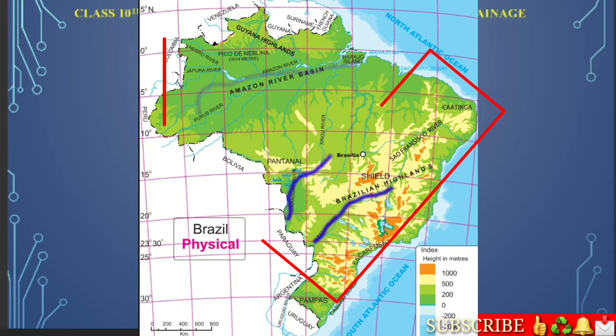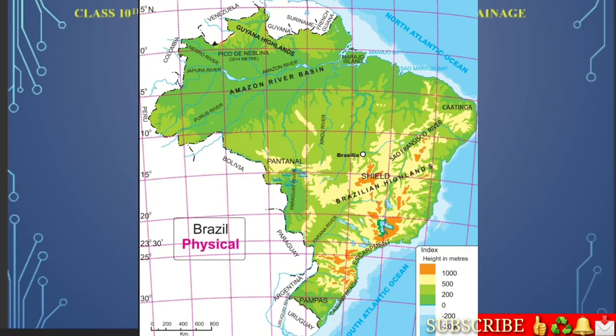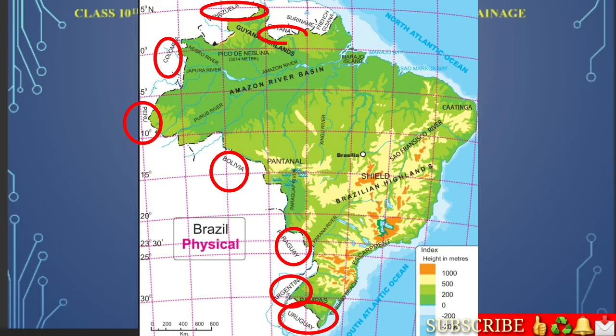Okay, students, here we can say that Brazil is surrounded by Uruguay, Argentina, Paraguay, Bolivia, Peru, Colombia, and on the north side, Venezuela, Guyana, Suriname, and French Guyana.